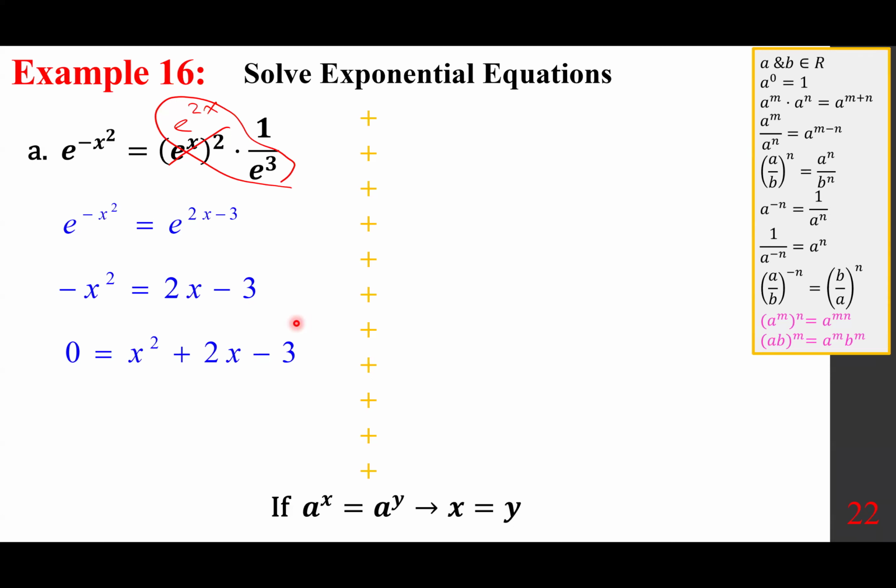We want two numbers whose product is negative 3 and whose sum is positive 2. Those would be positive 3 and negative 1. So x is either negative 3 or positive 1. And of course, you can put it back into the original equation and check it.